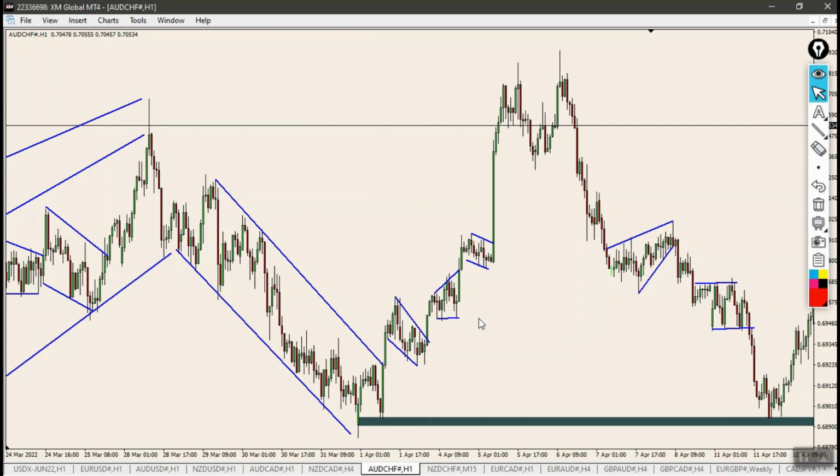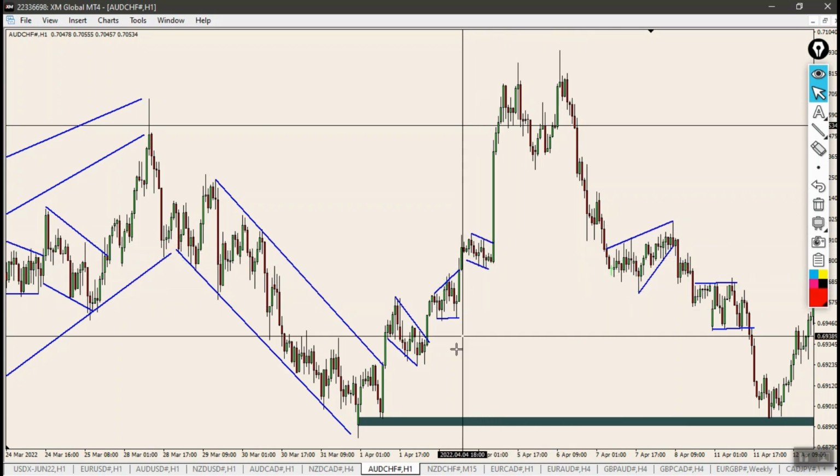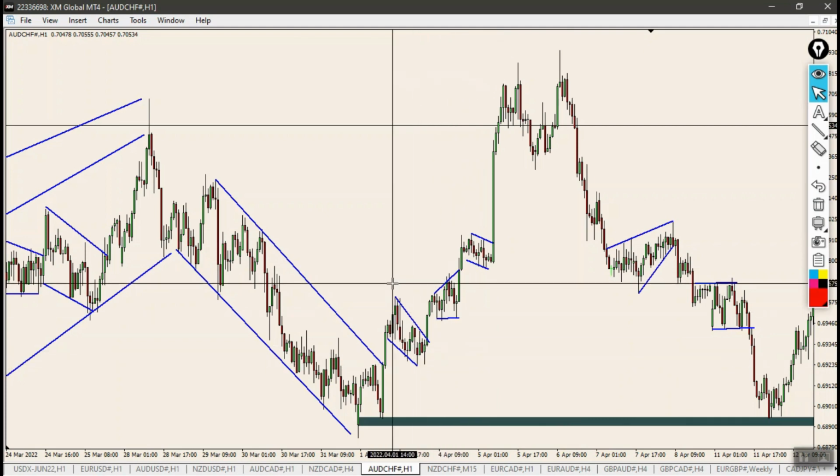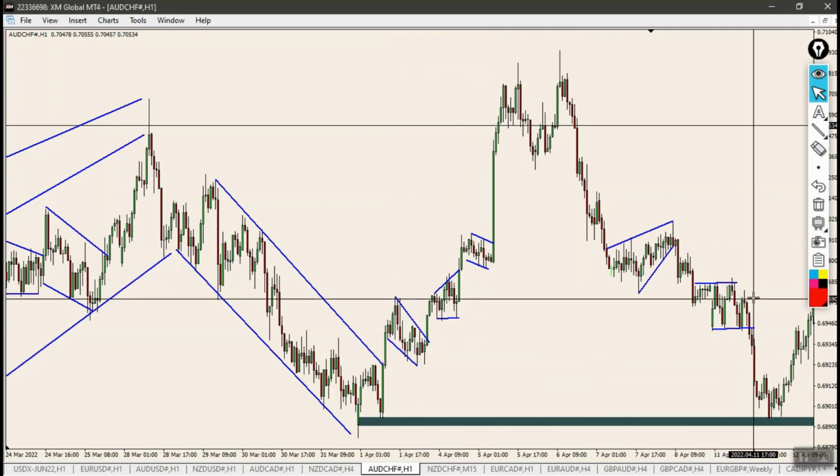But I will say that when it comes to reduced risk, the best entries are the ones in which we have a flat continuation, similar to this one, where it's flat and not really large like this one.